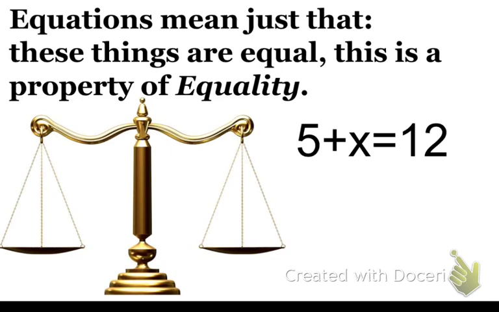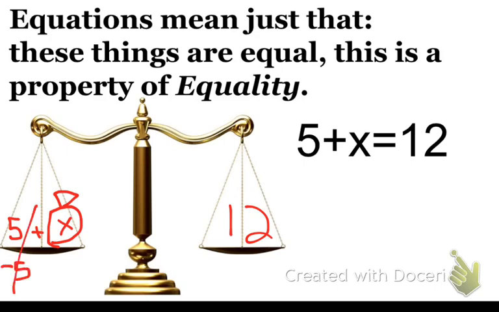Now, equations mean just that. Things are equal in an equation. That 5 plus whatever x is must equal 12. So for instance, if I have 5 pennies on one side, plus an unknown box or bag labeled x, it is equal to 12. In order to figure out what's in that bag, I'm going to subtract 5 from this side.